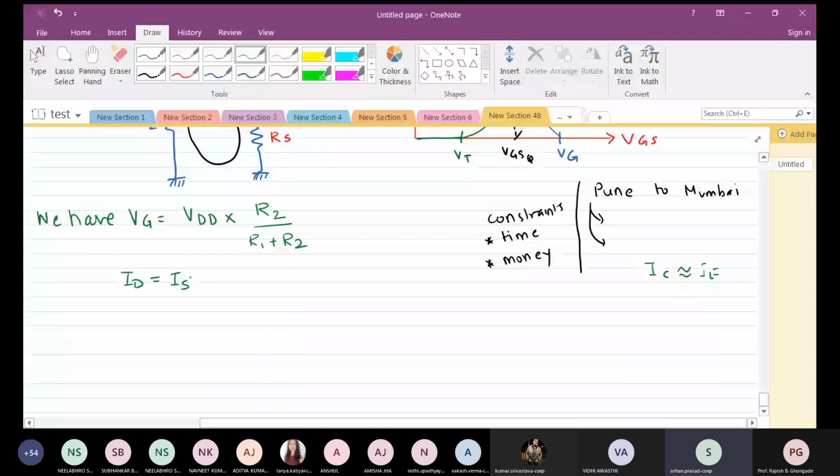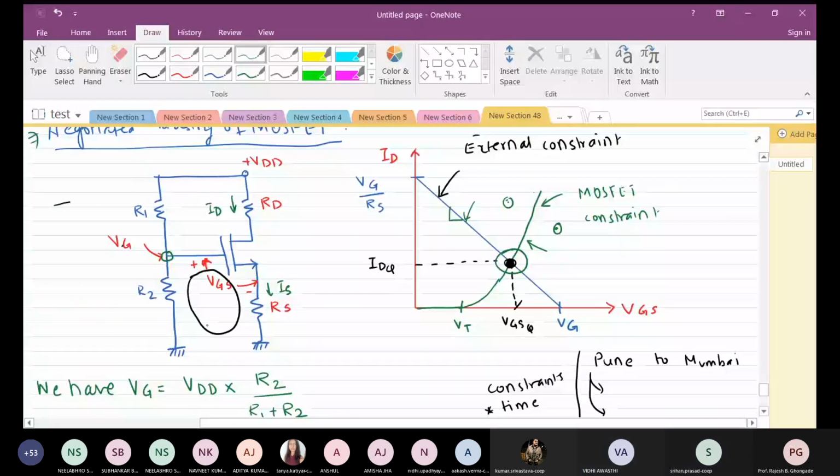So I can write VG as VGS plus ID into RS. How do I get this equation? By applying KVL in this loop.